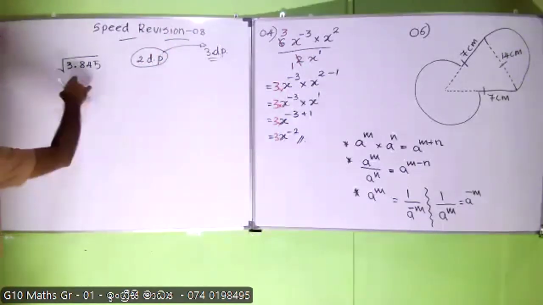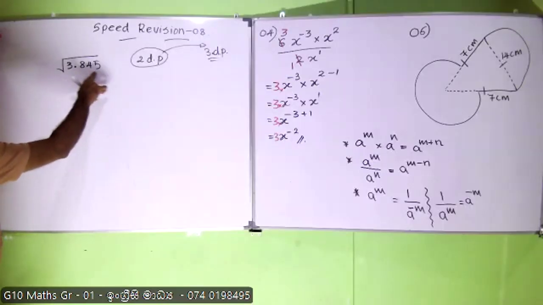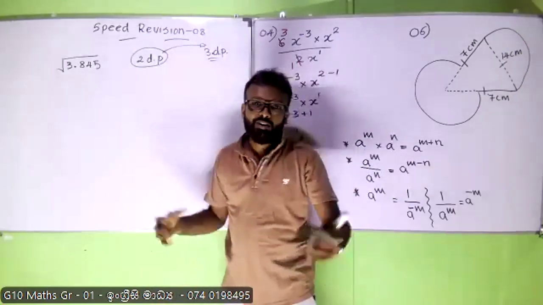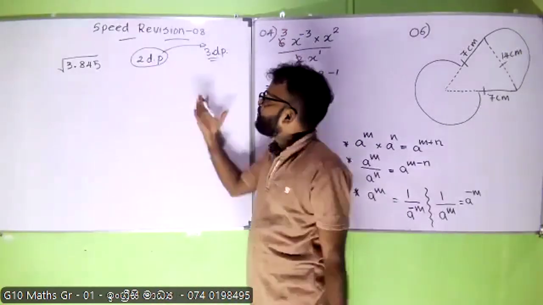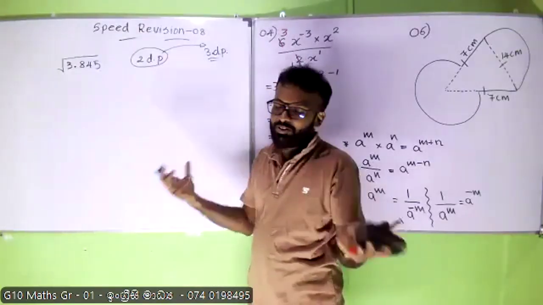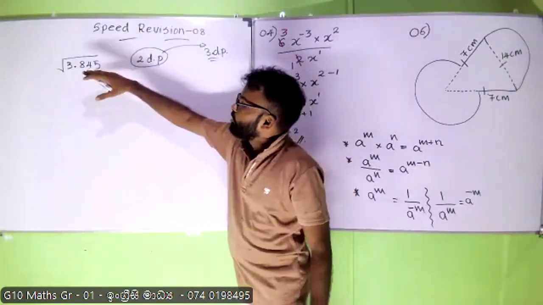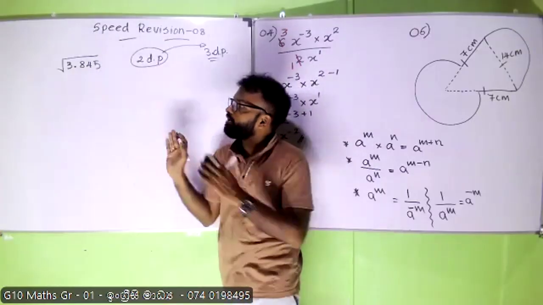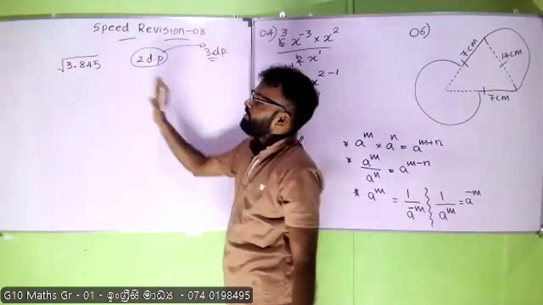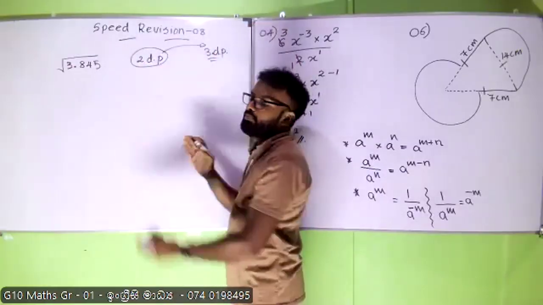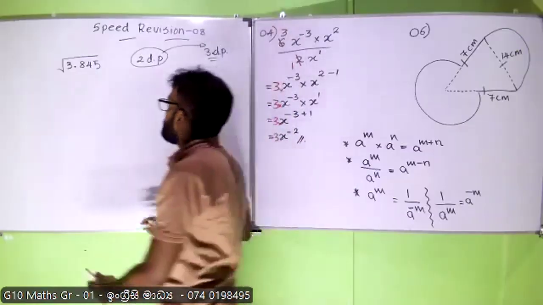Then, first of all, you need to couple the numbers. Some of you may not remember, so this is very important. To your left-hand side from the decimal place and to your right-hand side from the decimal place, couple the numbers.